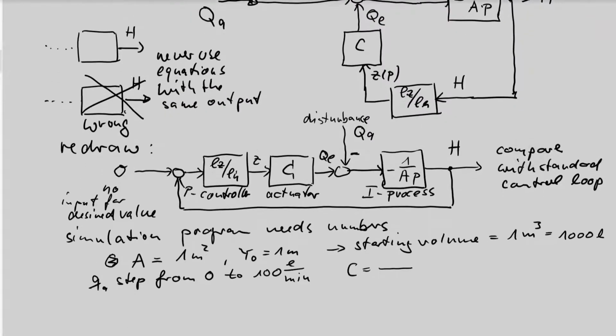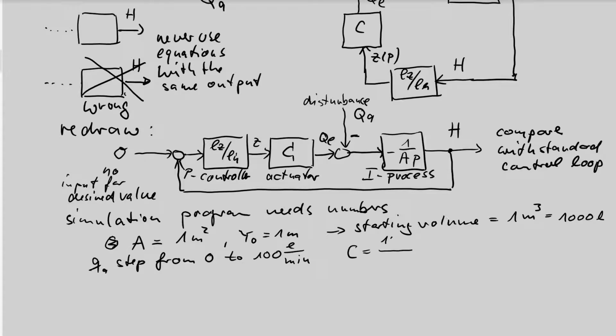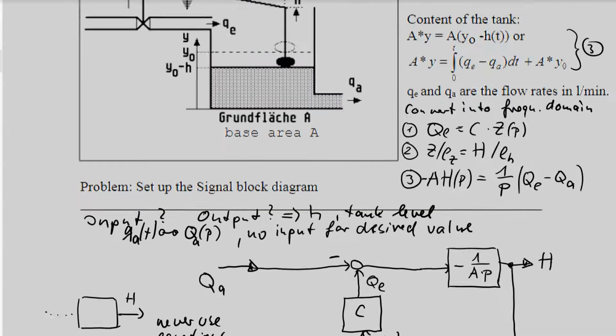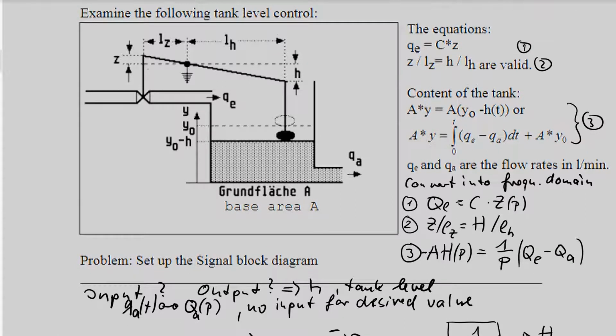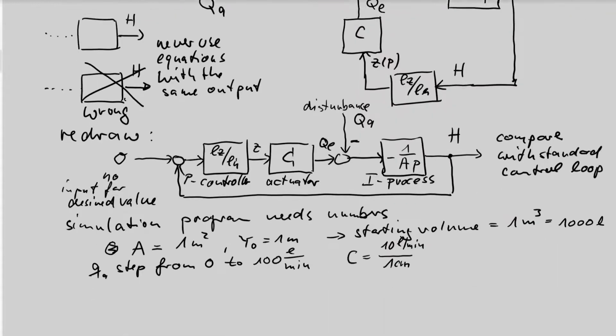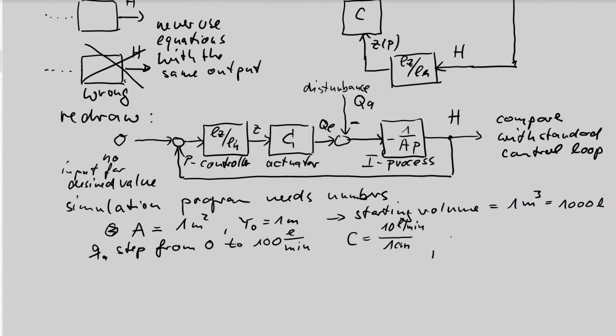C should be 10 liter per minute if we have 1 centimeter change of the connection to the lever. If this is 1 centimeter, we have 10 liter, 2 centimeters, we have 20 liter, and so on. So this is a linear ratio. 10 centimeter, 100 liter per minute. Yeah, so this is the ratio, and LZ should be 0.5 meter and LH is 1 meter.